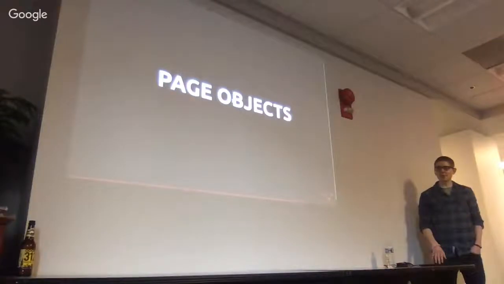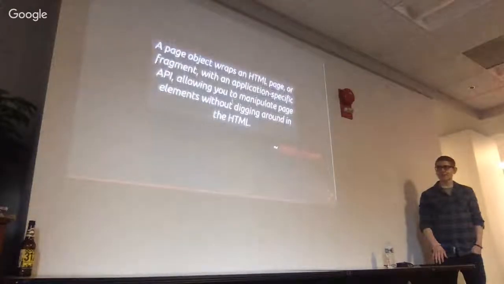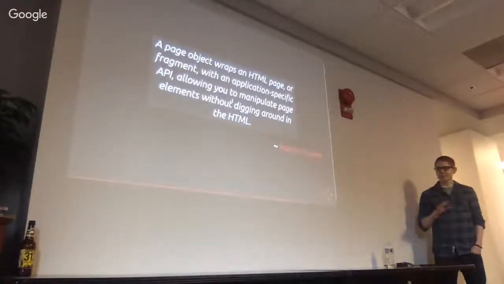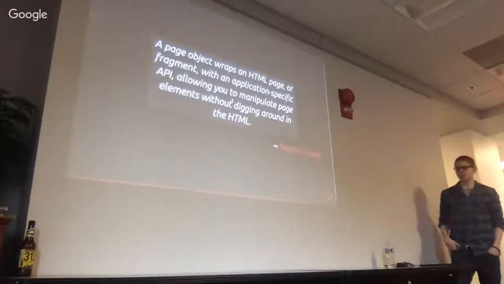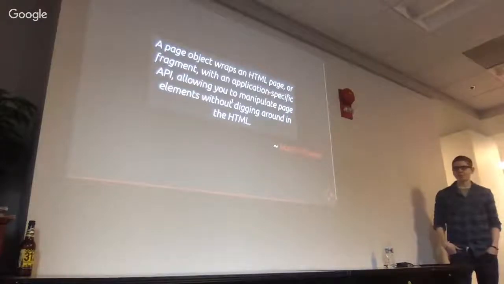And what is a page object? There's a good quote from one of the people who wrote a lot of the original theory on page objects, Martin Fowler. It says that a page object wraps an HTML page or fragment with an application-specific API, allowing you to manipulate page elements without digging around in HTML.